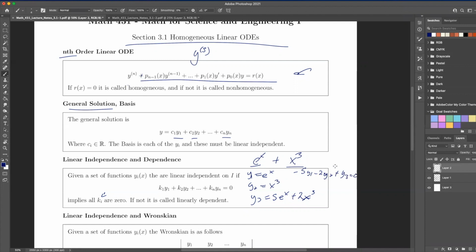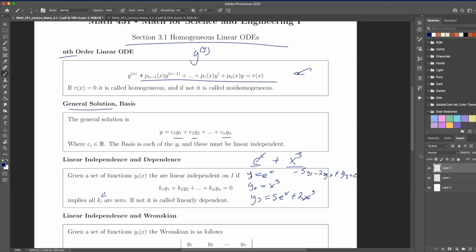And that means there's some combination where these are non-zero, aka k1 is negative 5, k2 is negative 2, and k3 in this case would be 1, equal to 0. So these are no longer linearly independent, even though none of these are multiples of each other. If I take some linear combination of these two, I can achieve this. And so that's what it means to be linearly independent.